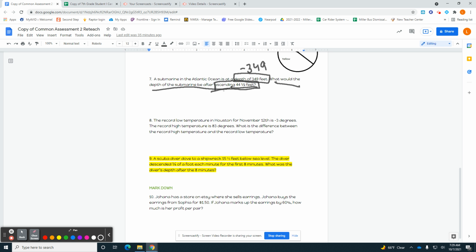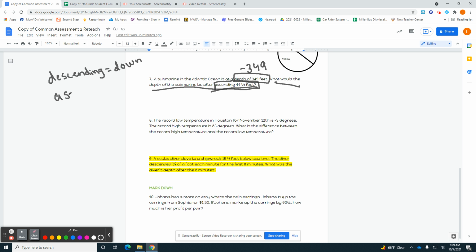Okay, if you're still struggling with ascending, ascending is the opposite of descending, and descending is down. Descending equals down.